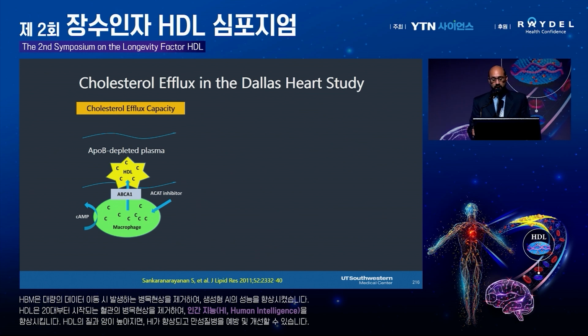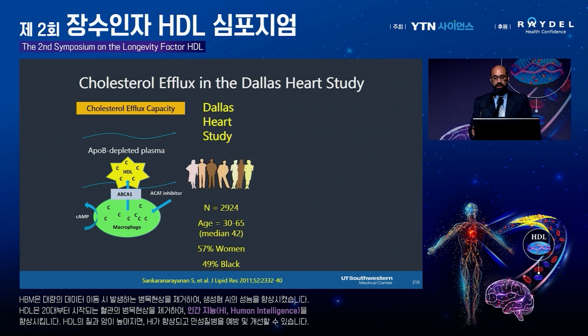So we adopted a longitudinal design in the Dallas Heart Study, where we took baseline levels of cholesterol efflux measured in the ex vivo assay that's depicted on the left, where we incubated macrophages with labeled cholesterol, and then took every participant's ApoB depleted plasma as the acceptor and quantified the movement of cholesterol into the medium as cholesterol efflux.